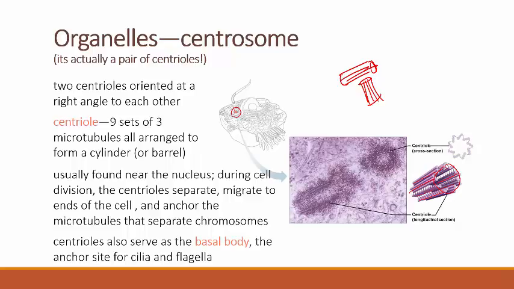But during cell reproduction, the centrioles will reproduce so that there are now two centrosomes, and they will migrate to opposite sides of the cell, and they become an anchor for this really complex series of microtubules that will span out across the cell and will attach to the chromosomes and help to pull apart the duplicated chromosomes.